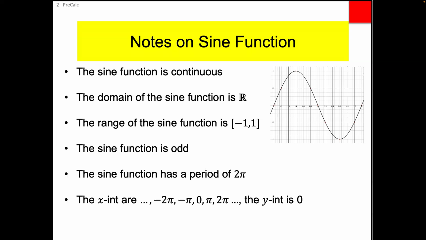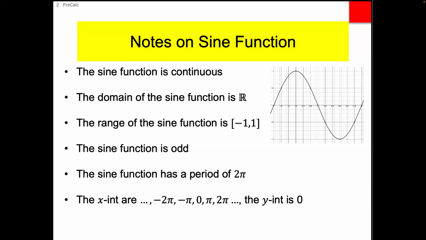Those are going to be your x-intercepts. If we go the other direction, -1 pi, -2 pi, -3 pi. Those are your x-intercepts. It only has one y-intercept, and that's at 0, or 0, 0.